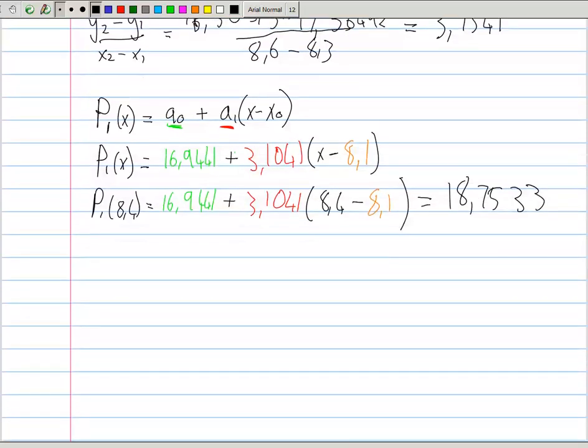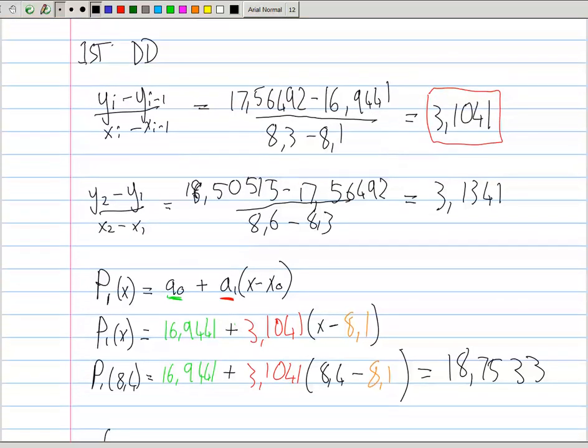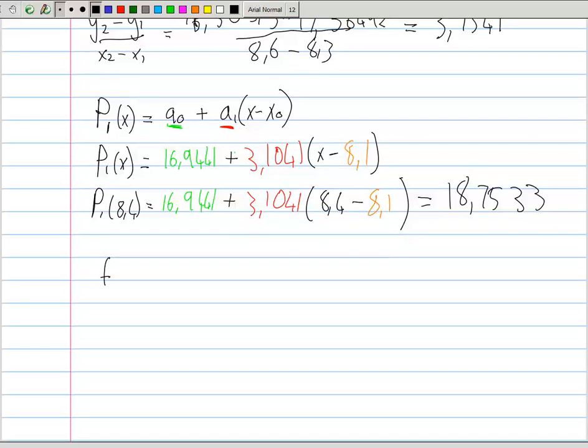So we want to have our second divided difference. So we can write our second divided difference as, first of all, our first divided difference is typically notated as f of square brackets xi, comma xi minus 1. That is typically how you will notate this. Let's move on to our second divided difference.